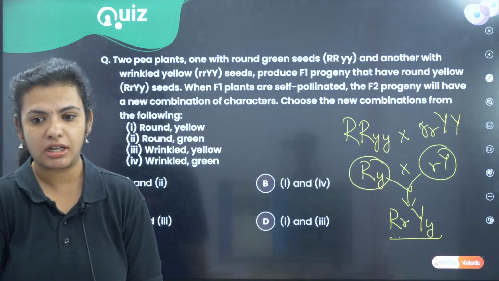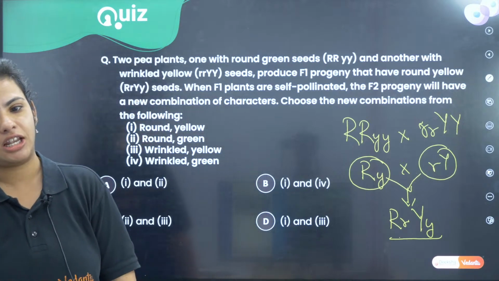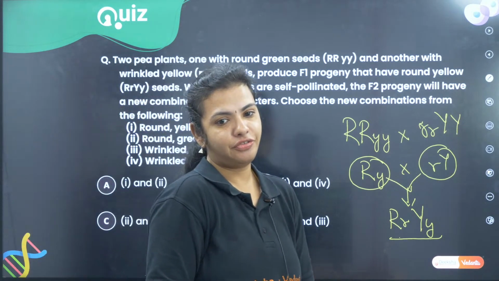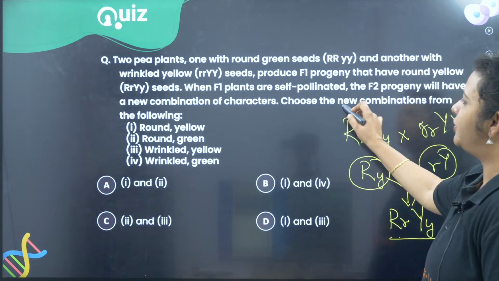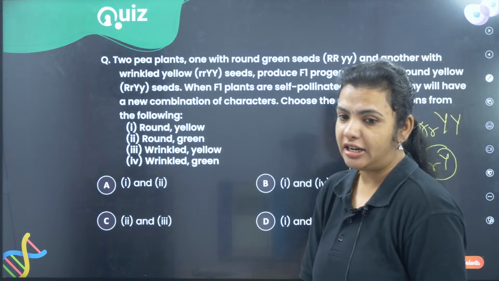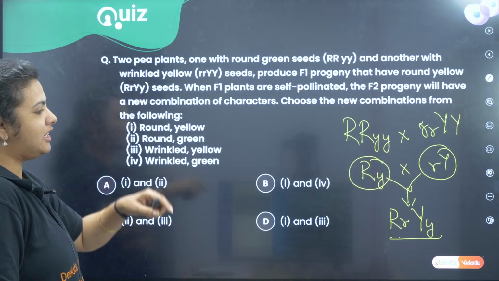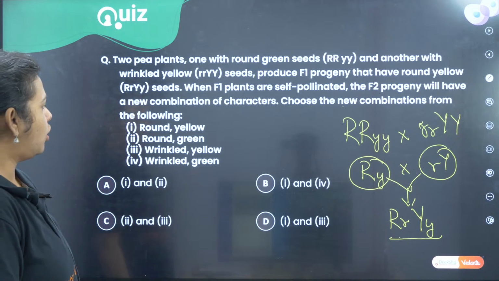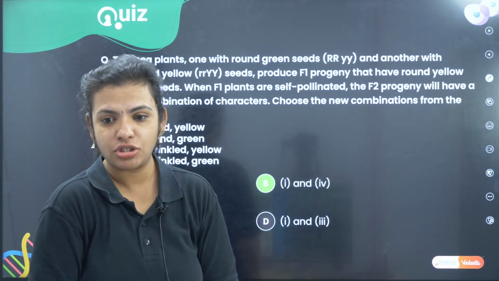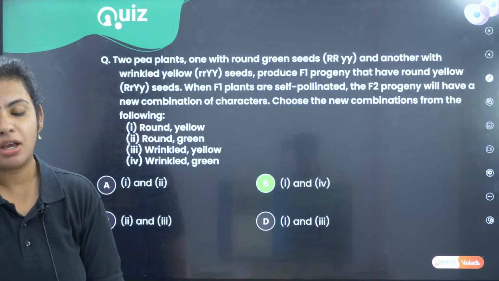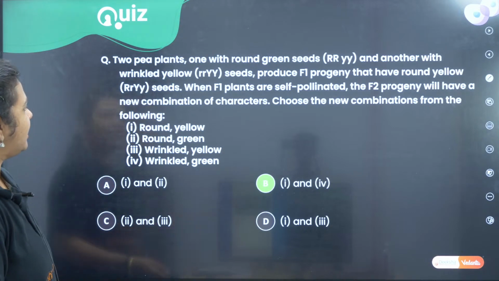Purvika, Danush says something else, Danish from Tamil Nadu, yes, I remember, and Ifra. So, we have a new combination of characters which is going to be found. The parental combination is round green, wrinkled yellow. Danush, Mahalakshmi, I told you please read the question.